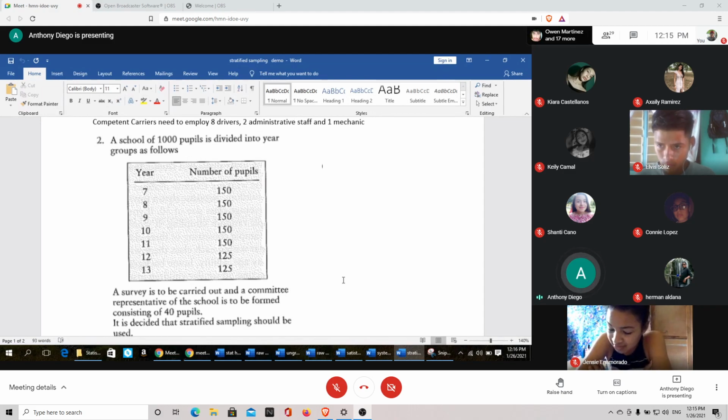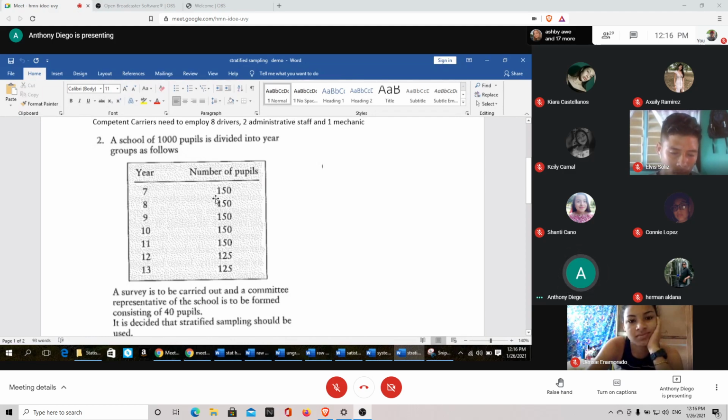Then we have year 12 and year 13, each having 125 pupils. Now, if you were to add from year 7 to year 13, this amount should give you the population that they gave you here, which is 1,000 pupils. So already you have the population, and here you have the different numbers for each stratum.